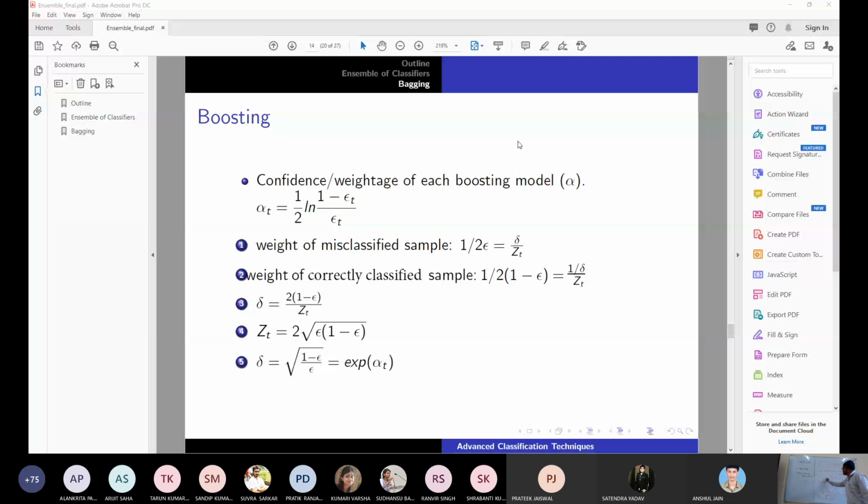So what will come in the first equation? 1 by delta t equals, you put delta t on the right side, so it will be 2 epsilon t and zt. What is the zt value? Zt is 2 into square root of epsilon t into 1 minus epsilon t. Okay, so now if you cancel it out, what will happen? So this will go off.